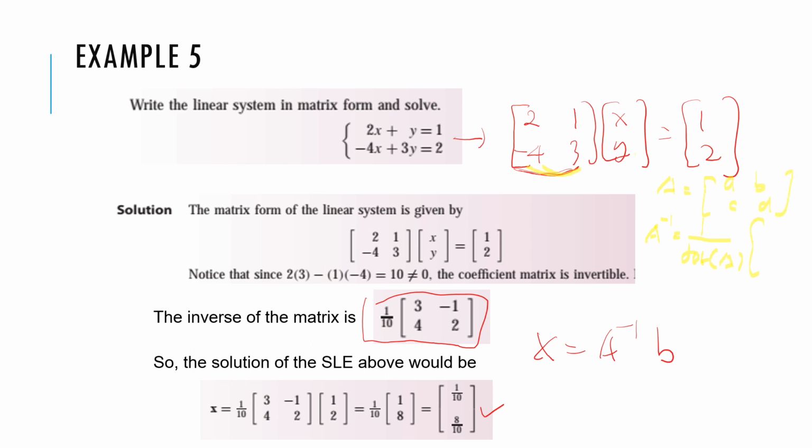Here we have d, then negative b, then negative c, and this is element a. So this is the formula for a 2 times 2 matrix to find A inverse. Then we have the inverse of the matrix. From here, we can put it in the formula: the unknown variables x equals A inverse times b. And this is the result after we compute. It's quite easy.